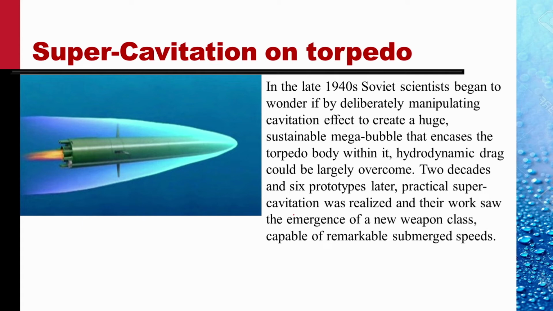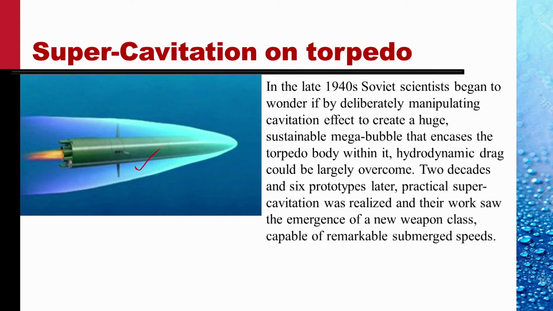So if we can create a cavitation bubble such that the whole body of the torpedo is enclosed within this as shown here, then this is all vapor. So the drag on the torpedo would be greatly reduced.